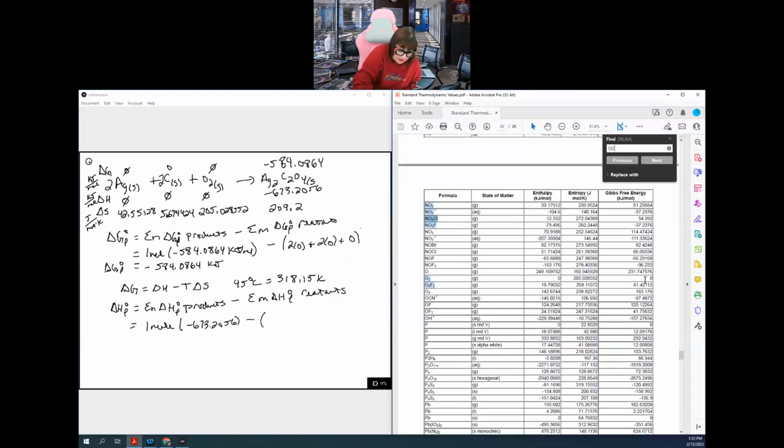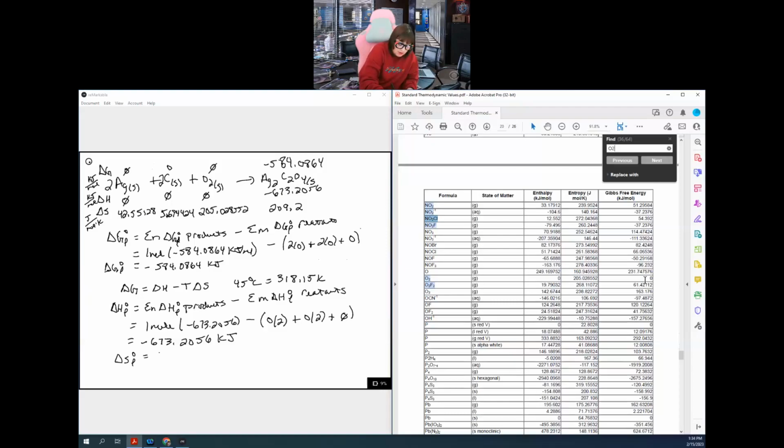I will then subtract 0 times 2 plus 0 times 2 plus 0. And that gives me a delta H of negative 673.2056. And again, that is in kilojoules for that. Okay, that's delta H.